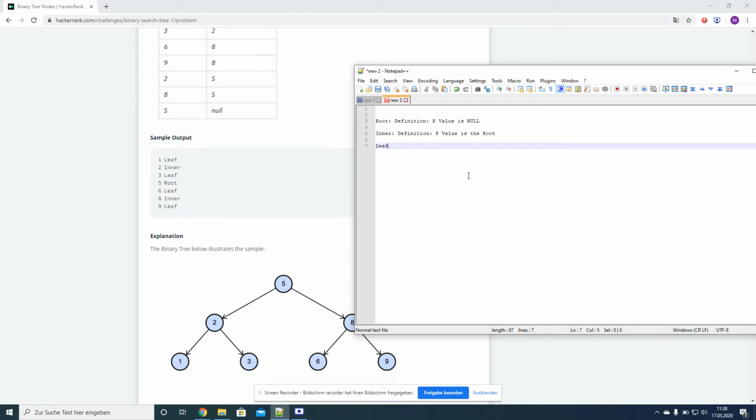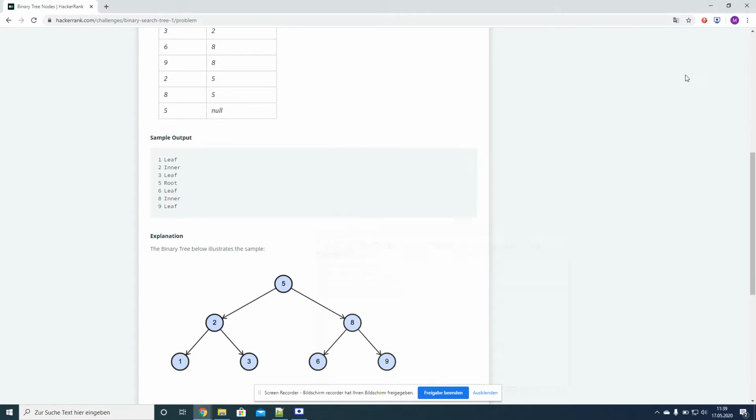The leaf definition is, a leaf definition is anything else. So p-value is not null and p-value is not the root.